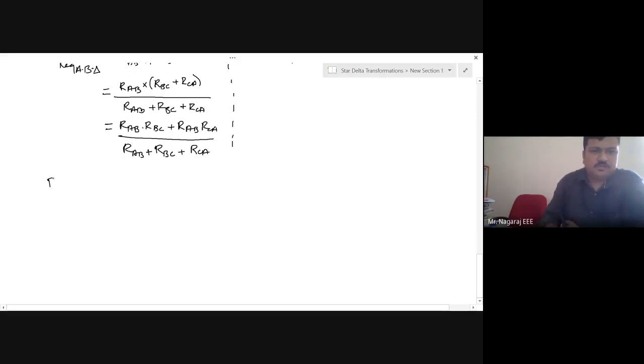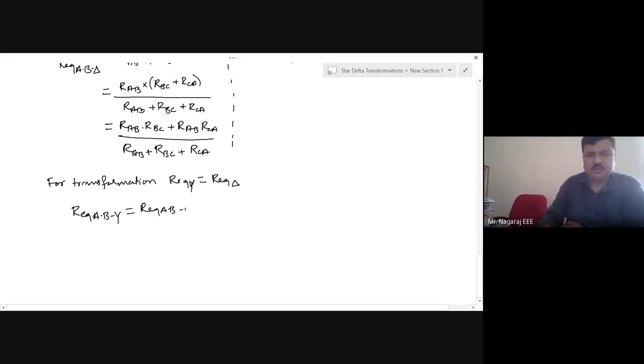So for transformation, R equivalent star should be equals to R equivalent delta between any two terminals. So I can write it here that R equivalent between A and B in star should be equals to R equivalent between A and B in delta.